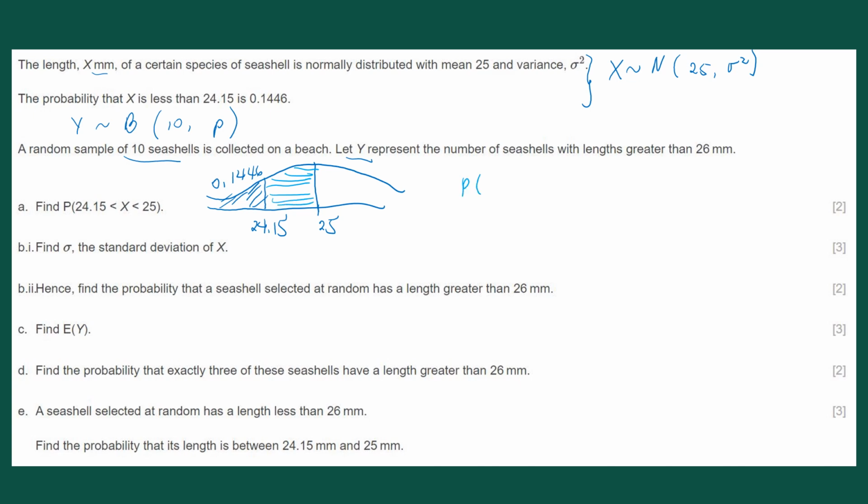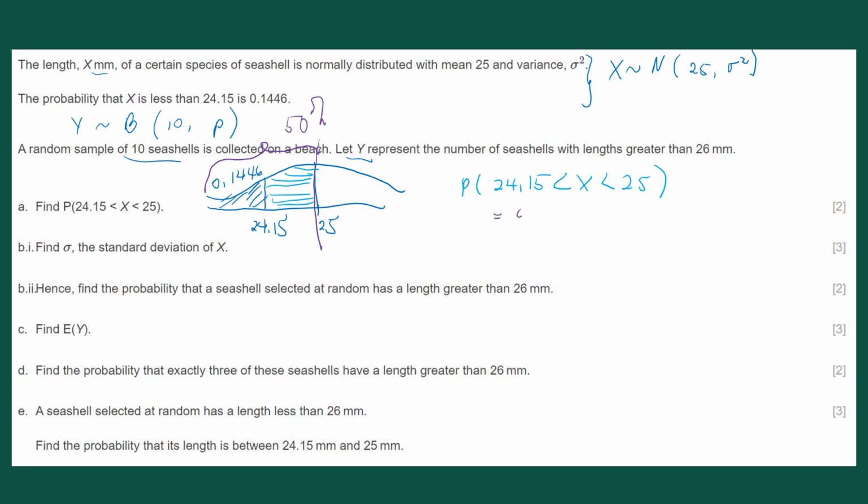So the probability that our x is greater than 24.15 but less than 25. As you can see, we can simply use subtraction from this point to this point where the mean is, that comprises 50%.